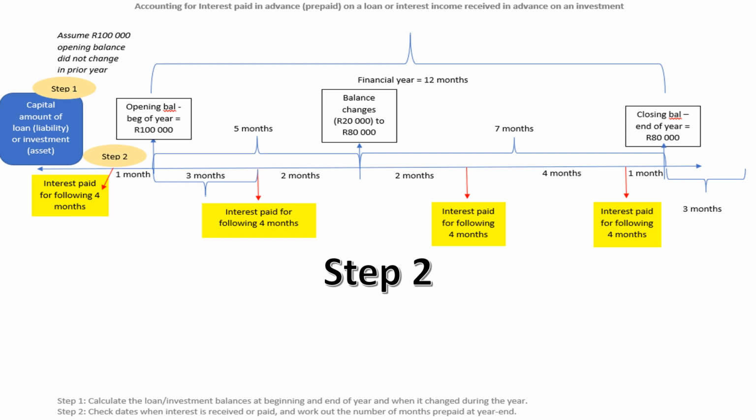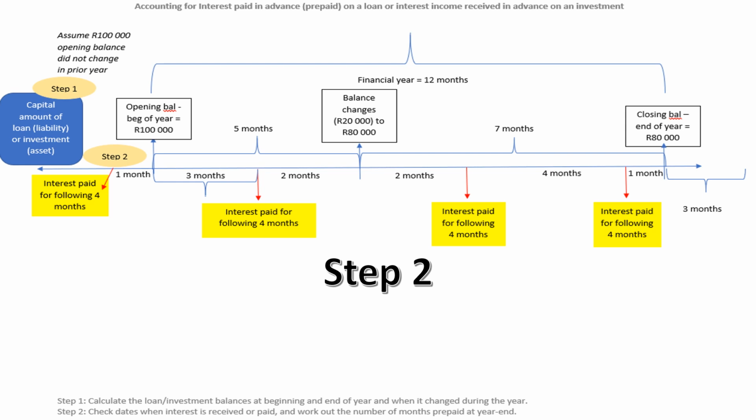So 1 month before the end of the year, interest was paid until 3 months into the following year. So that would be 1 month of the current year, 3 months of the following year, interest is paid for that 4-month period. Then it's paid for the following 4-month period, 2 months before the balance changes, 2 months after.